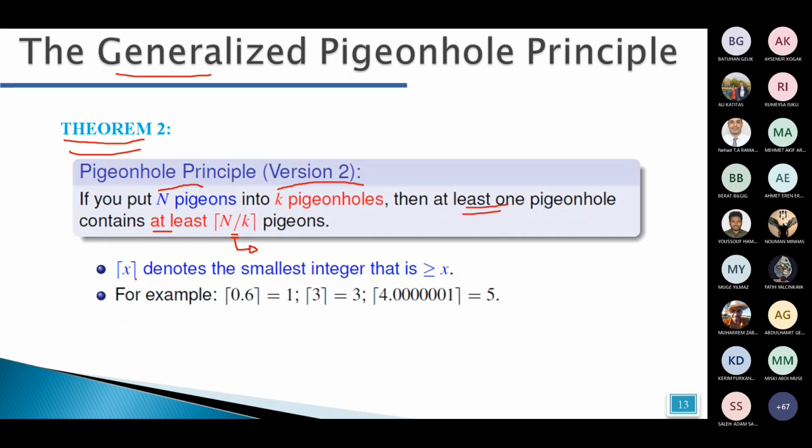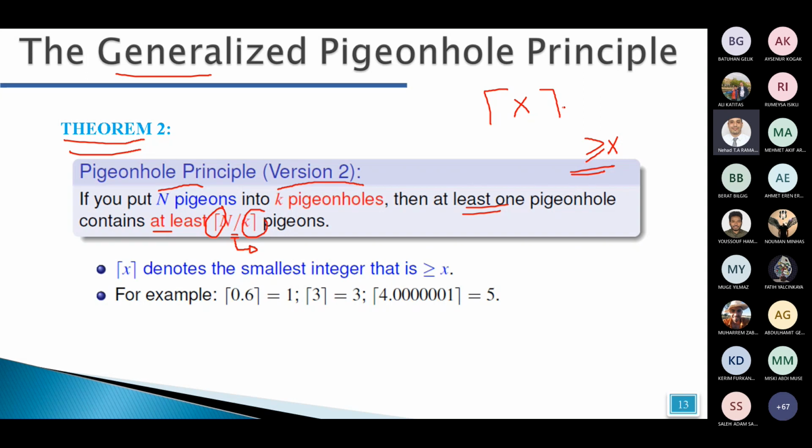What's the meaning of this one? If we have a number x, then we take the smallest integer that is greater than or equal to x.